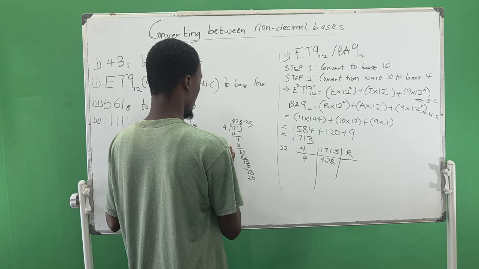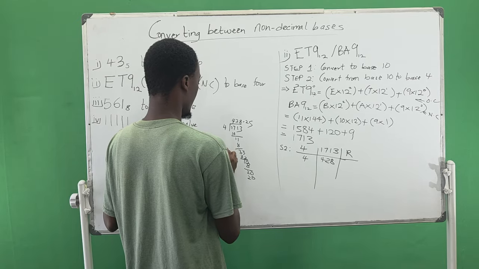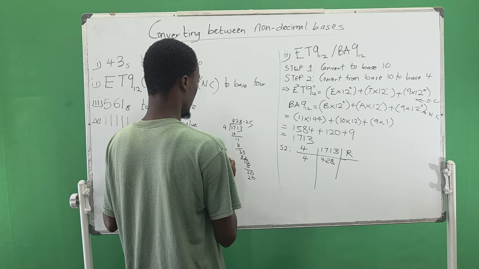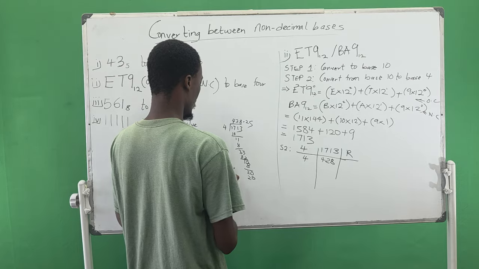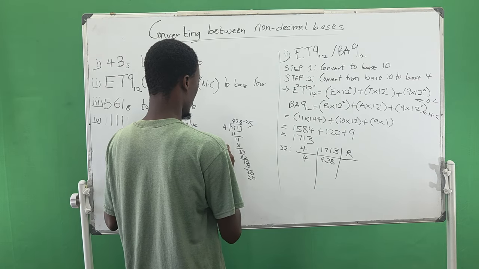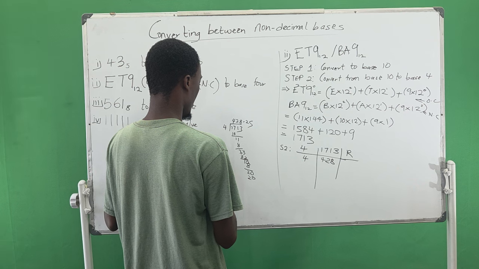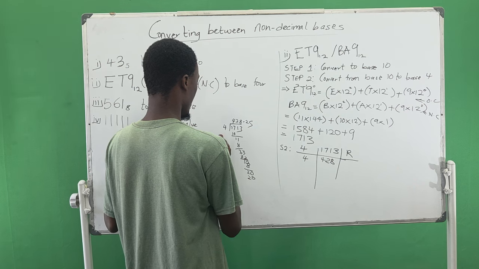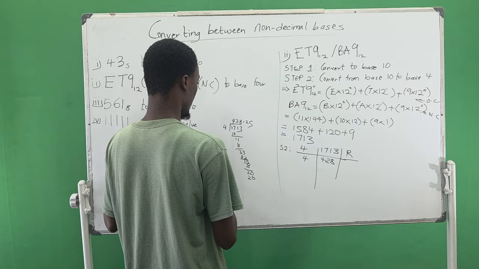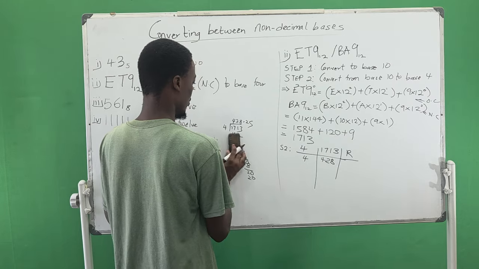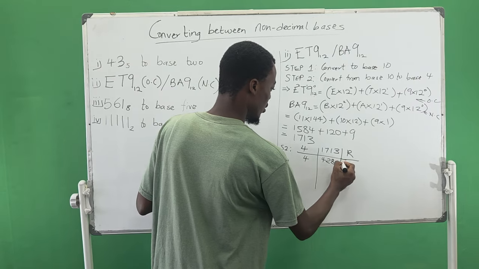So 428 times 4. 4 times 8 is 32. 2 3 4 2 11. 1 and then 1. So remainder 1.